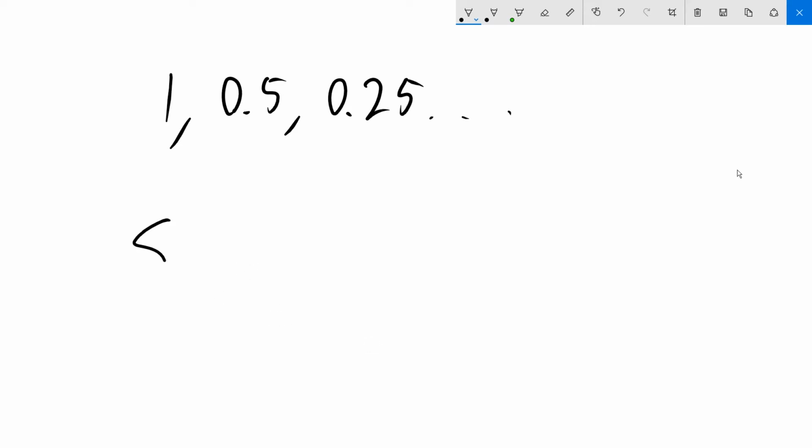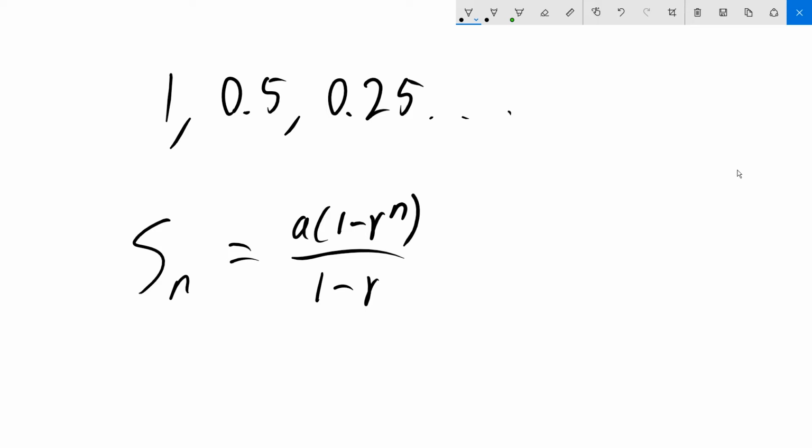Now for the second example, we're going to start with 1, and then we're going to halve each term. Sn is going to equal a lots of 1 minus r to the n, divided by 1 minus r. So r is a half. I want to work out the first 3 terms just for argument's sake.